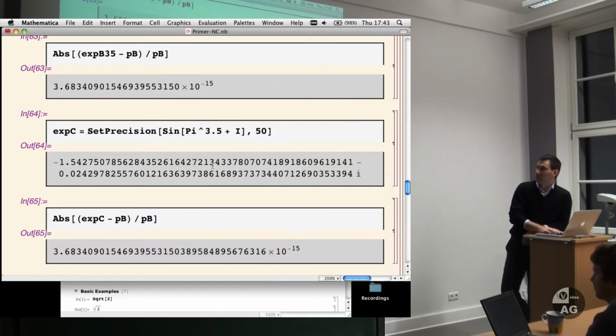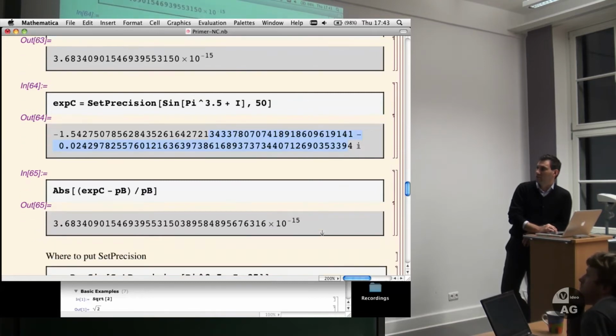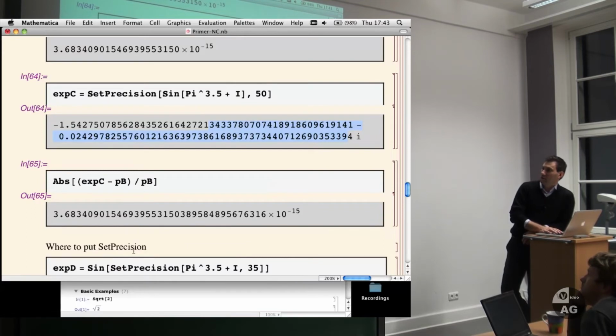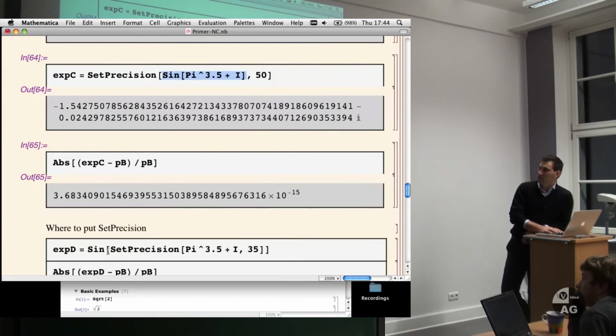So now I get digits, but they're not the good ones, because as you see, the accuracy is still 10 to the minus 15. The problem is where I am asking to set precision. Over here I have an expression first, and then I set the precision. Let's try to set the precision in the right place.